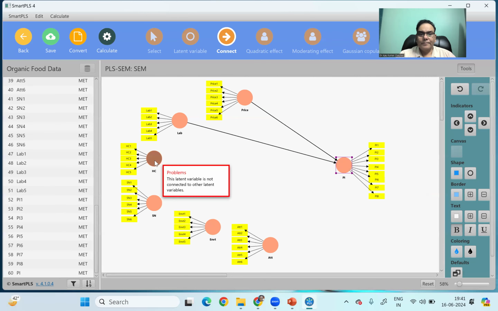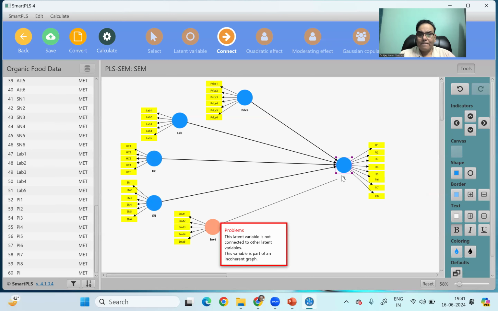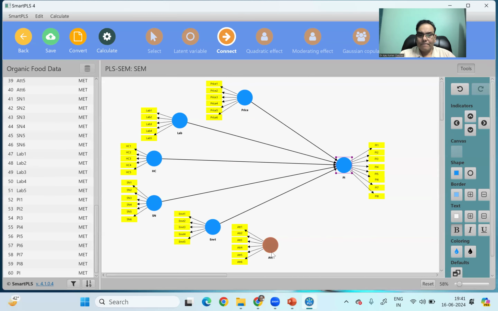So we are joining all the constructs. My model is ready. So first of all, you have to make the diagram.